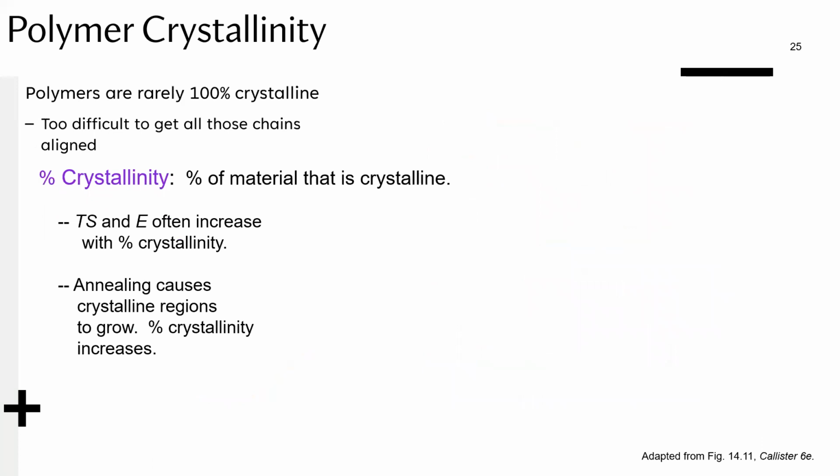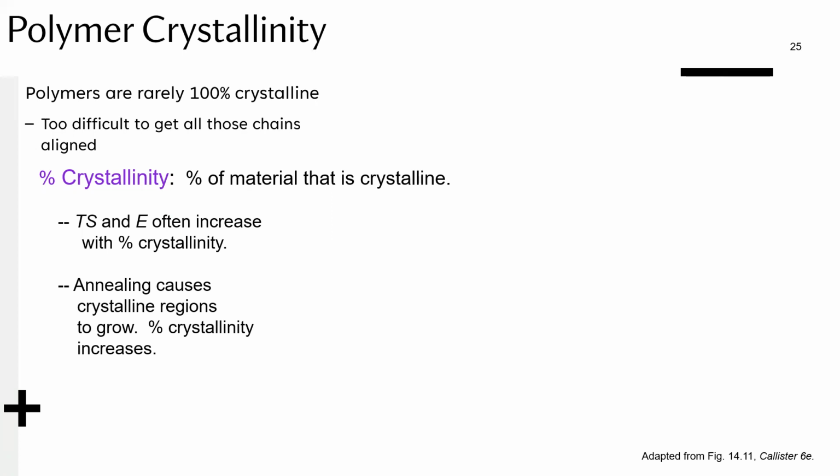So as I mentioned earlier, percent crystallinity is relevant for polymers because they're somewhere between 0% and close to 100%. They can't be 100% because that's too perfect. I can't say it's impossible, but it would require a very highly controlled synthesis environment.